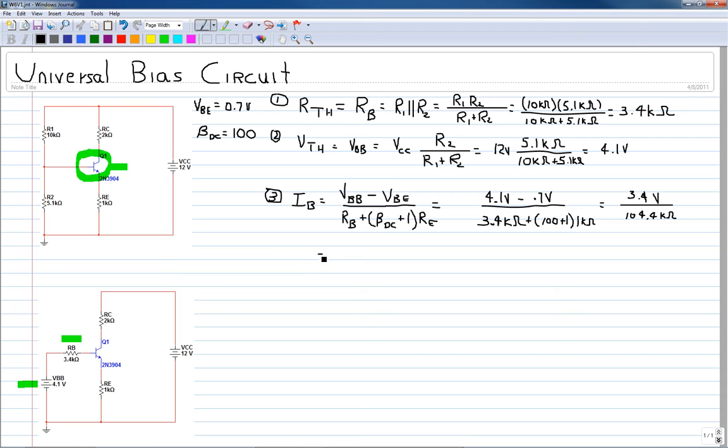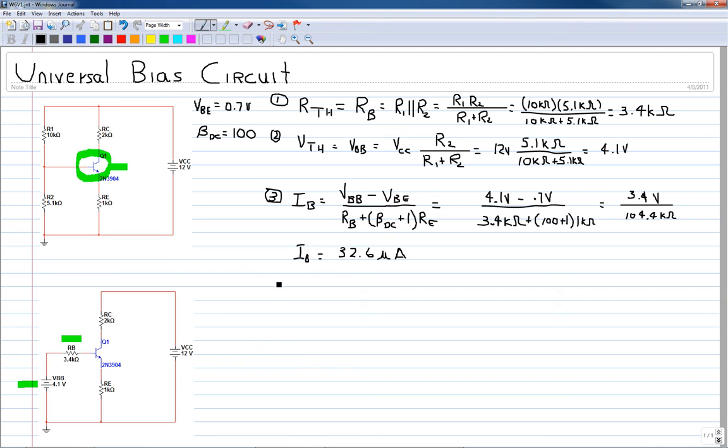Substituting that into the calculator, we come out with an IB of 32.6 microamps. So that solves the current in the base loop for us.